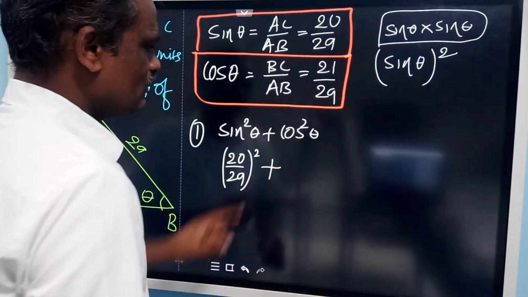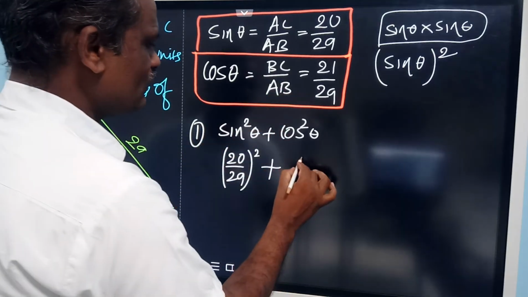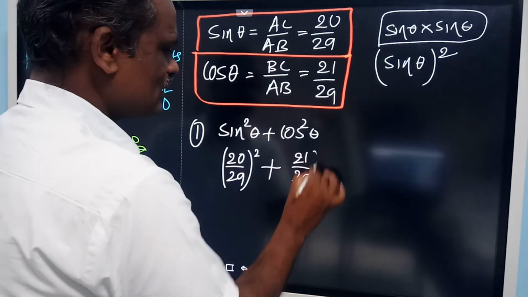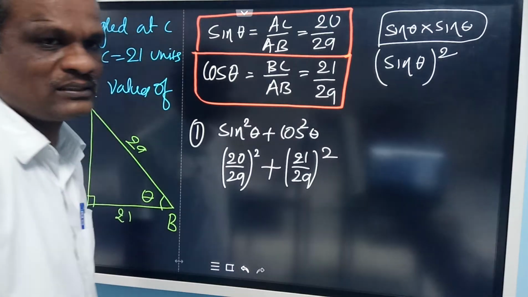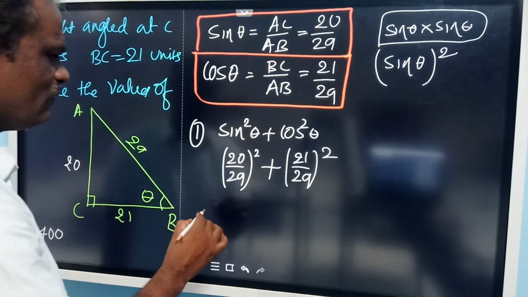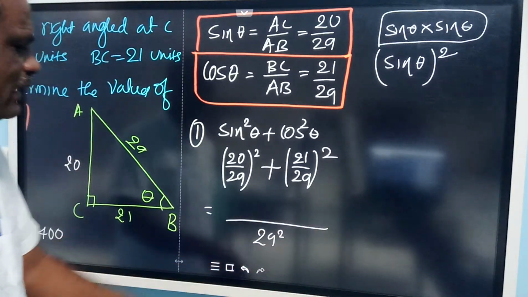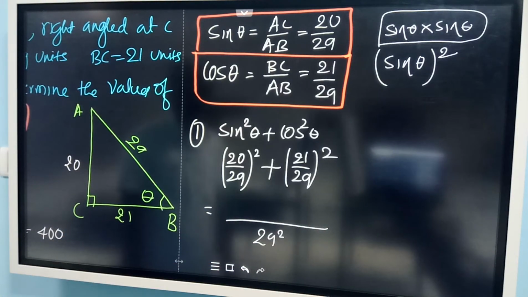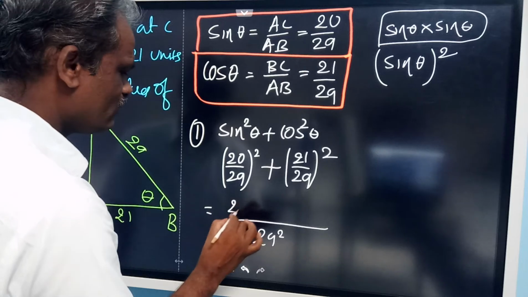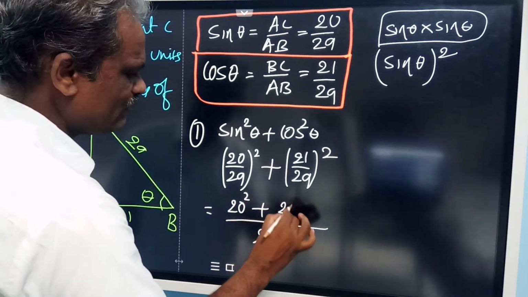Plus, what is cos square theta? It is nothing but 21 by 29 whole square. Now if you simplify, the denominator is 29 square, so the numerator will become 20 square plus 21 square.